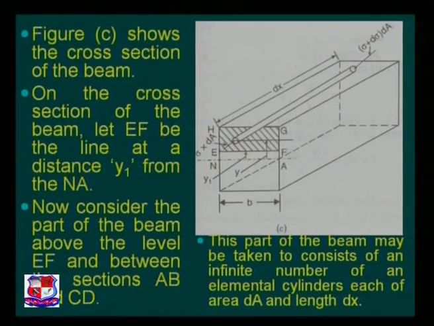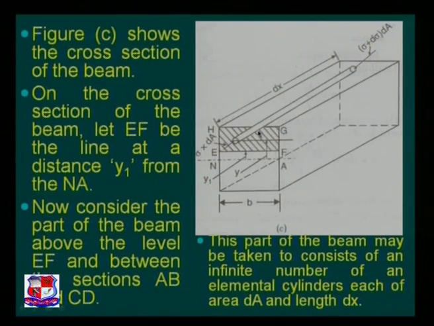Now, consider the part of the beam above the level EF and between the two sections AB and CD. What has been stated is that we consider this full area between these sections. This is the first section, this is the other section, and the available area with you is this one.